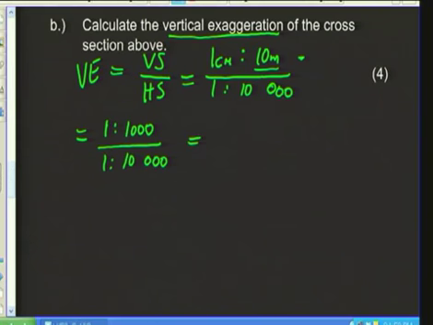So what I'm saying is 1 over 1,000, that's just the ratio stuck on its side, over 1 over 10,000. Now it's going to be easy to work with. Now immediately I look at it and you say, well, actually, is that easy to work with? It's an ugly fraction. We've got a fraction over a fraction.